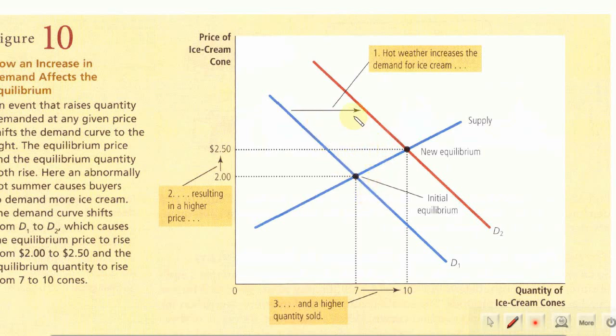Okay? By the original principle of economics, once price goes up, demand tends to go down. But in a shift of demand, once the price goes up, demand doesn't go down.